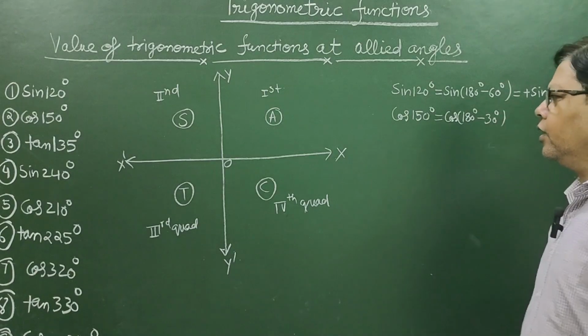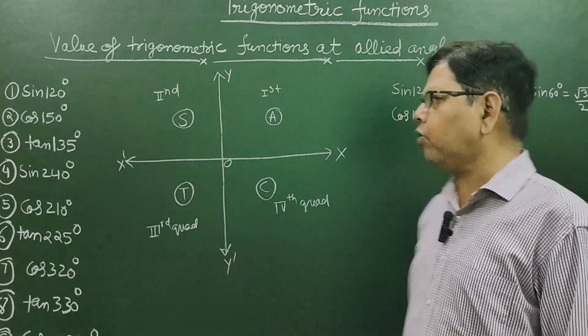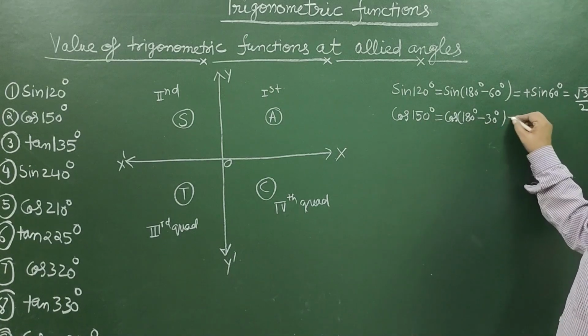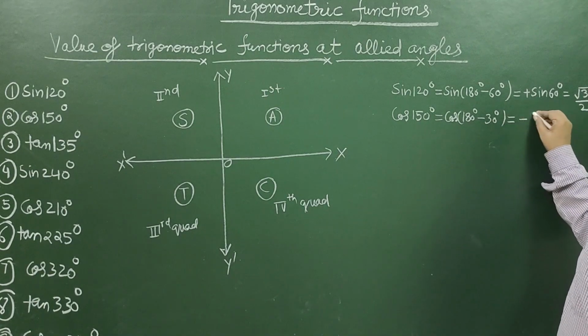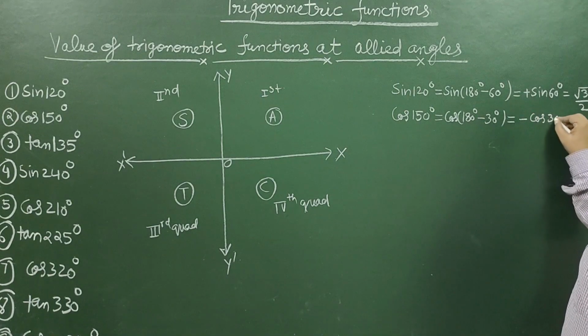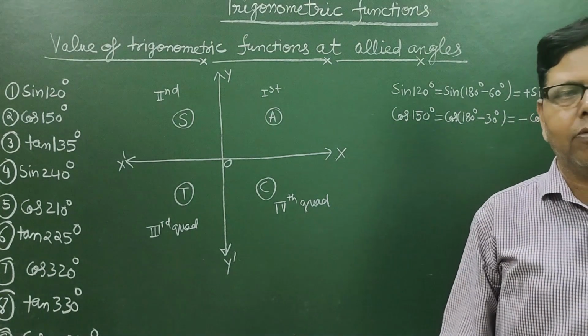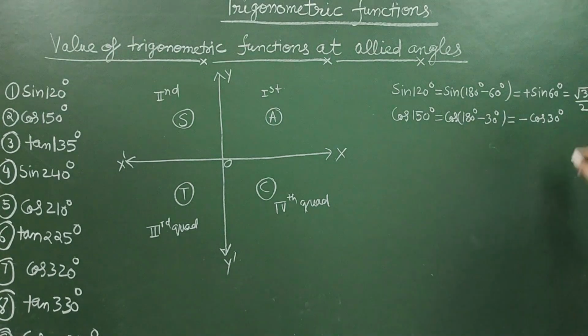And you know in the second quadrant only sine is positive, so cos is negative here. Cos 180 minus theta, you know this is equal to minus cos theta, and minus cos 30 means the value will be equal to minus root 3 upon 2.